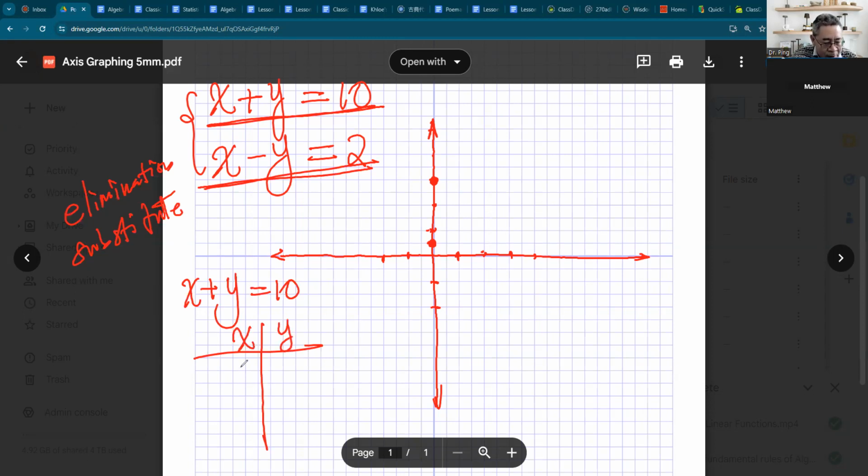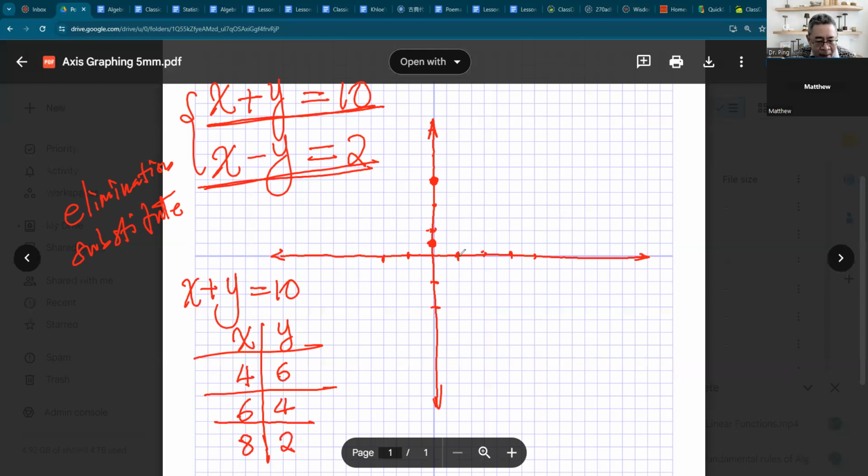I'm going to pick X, say 4, then Y has to be 6, right? 4 plus 6 is 10. Good. And if X is 6, then Y has to be 4. And if X is 8, then Y has to be 2, right?